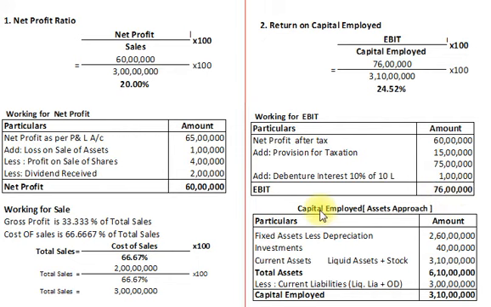And now we will work out capital employed using the assets approach. First of all we will take fixed assets less depreciation. So 2 crore 74 lakh minus 14 lakhs is 2 crore 60 lakhs, plus investments worth rupees 40 lakhs, plus current assets, that is liquid assets plus closing stock, which amounts to 3 crore 10 lakhs.